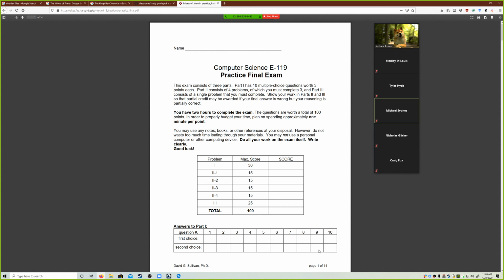If for some reason you find out you can't take it at the appropriate time, here are the rules. Email me at some point before the final. It doesn't matter if it's even 5 minutes before the final. Just email me.